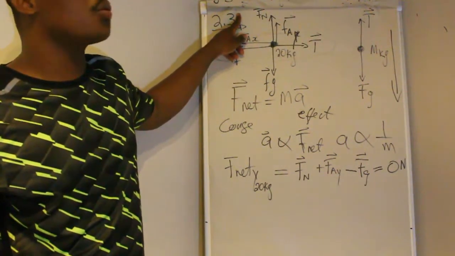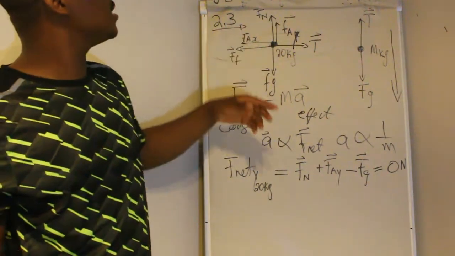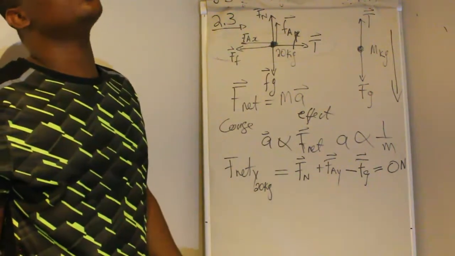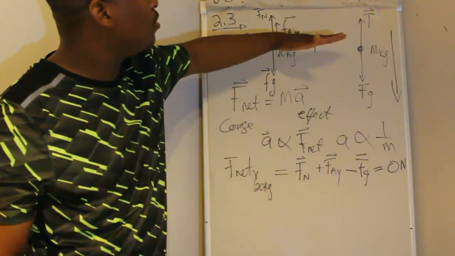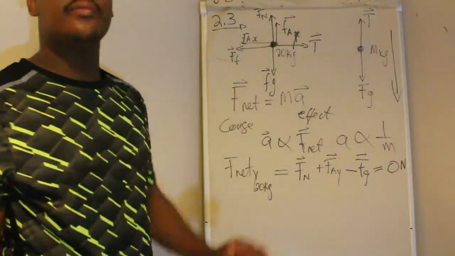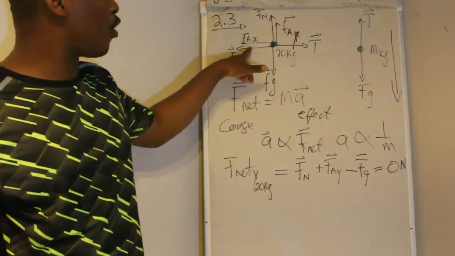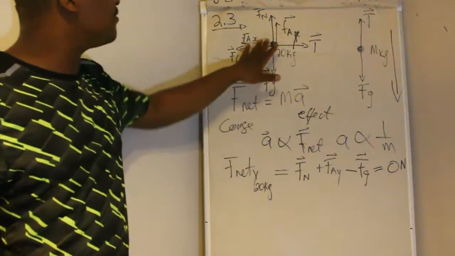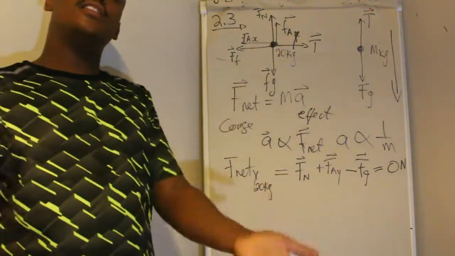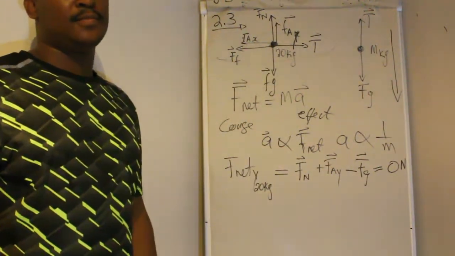Someone would say it's not in the plane of movement, so I'm going to leave it out, yet it has a component which is in that plane. That's why I prefer this one, because it shows you all the components that you need.